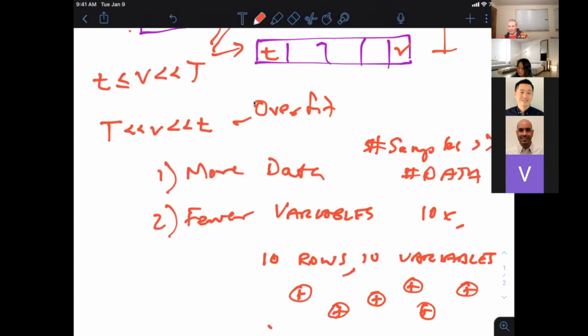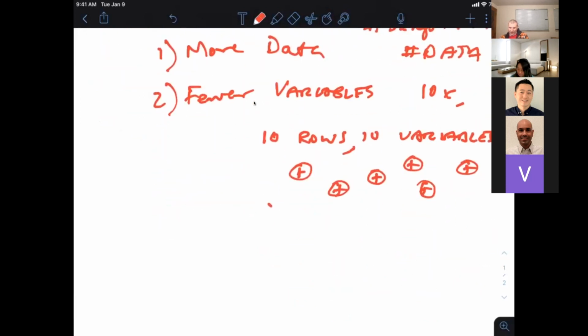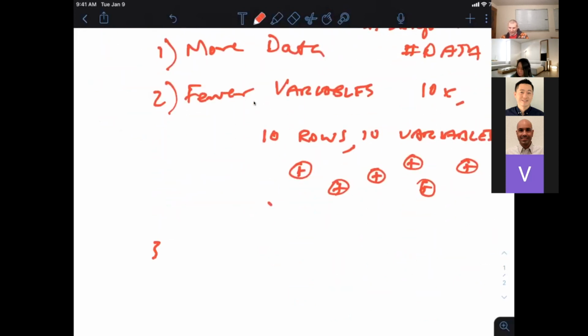You really need to find whatever has the most amount of signal is what you want. But when you find that it's overfit like this, it's more data, fewer variables, or there are techniques to address overfitting, and it's called regularization.